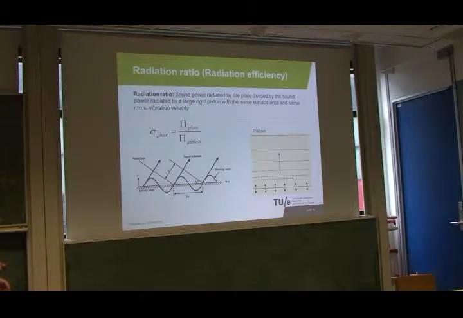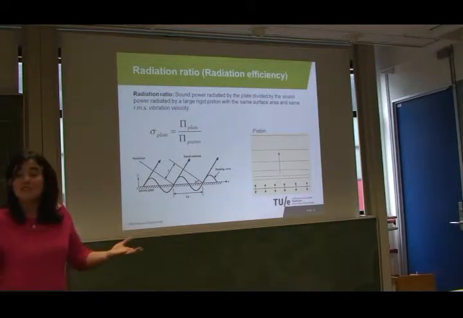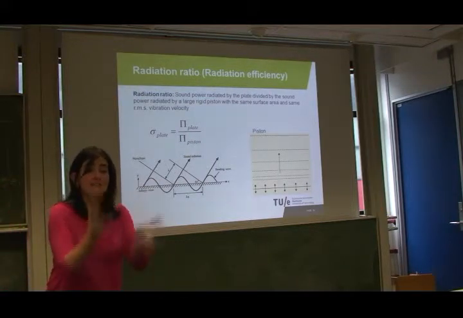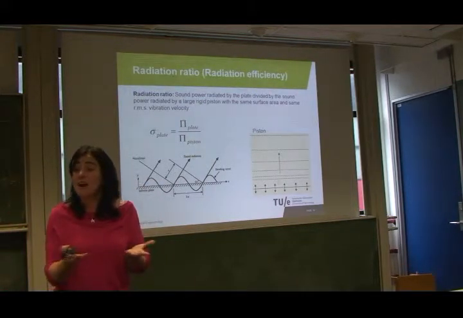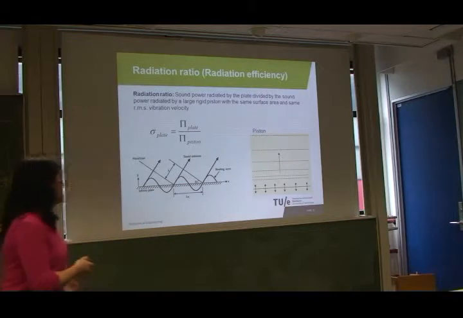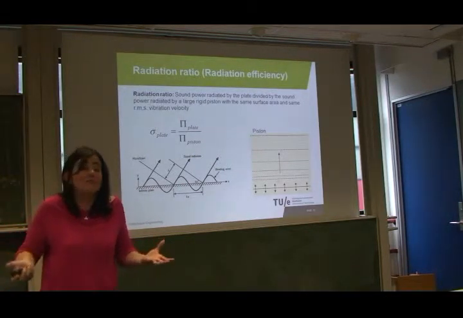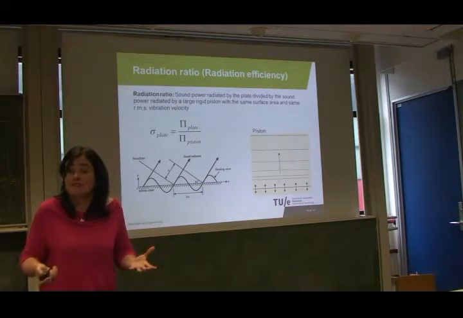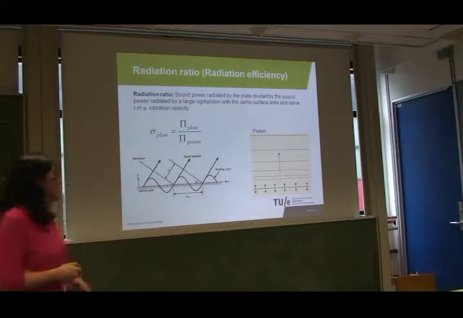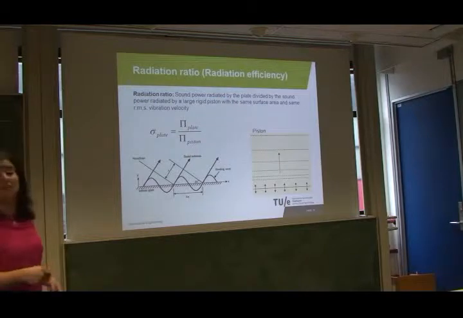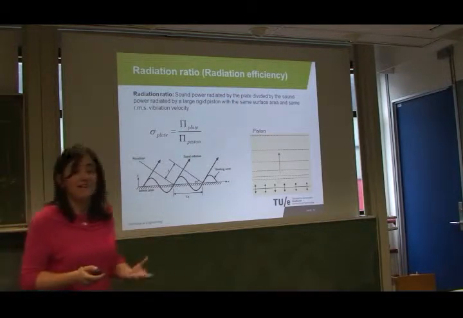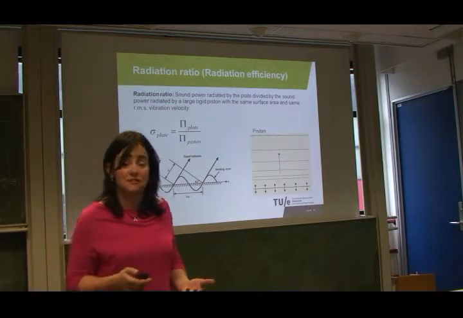And this reference radiator is the piston. And what's a piston? It's a rigid surface which is moving with the same average velocity as the original structure. And we take this sound power as the reference, and we compare the sound power of our structure with the piston. And that's all. And this is what we call radiation efficiency.